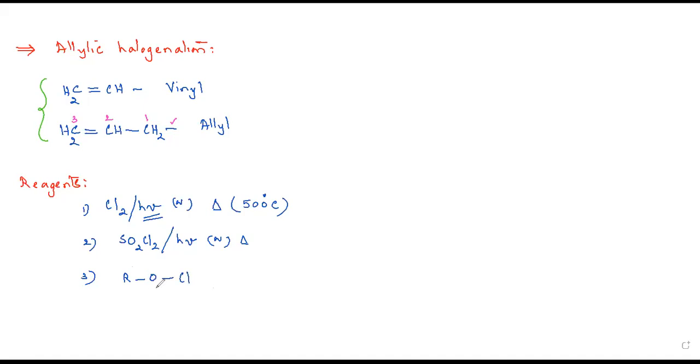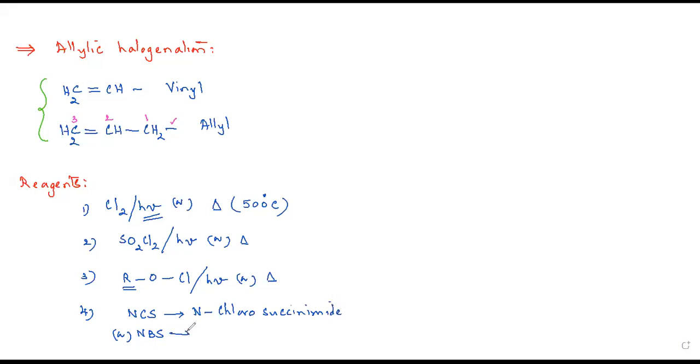Then this is alkoxy chloride. In general, tertiary butyl group is generally used in this case. Even here also, in the presence of sunlight or UV light or heating. Then, of course, NCS or NBS. NCS is N-chlorosuccinimide.